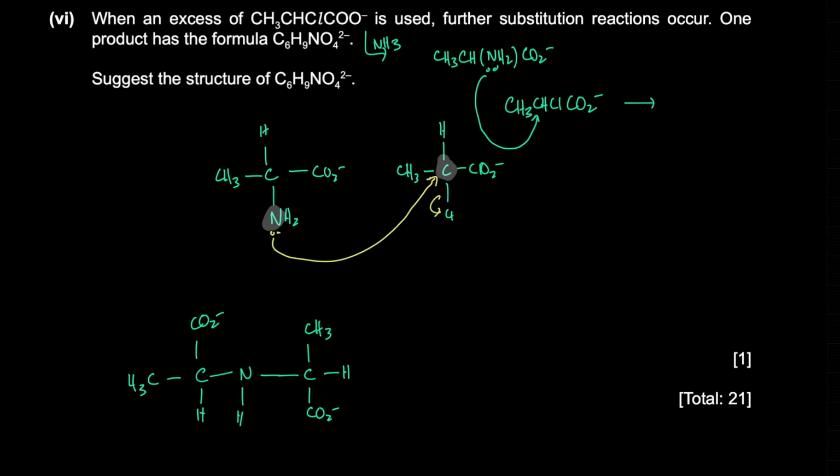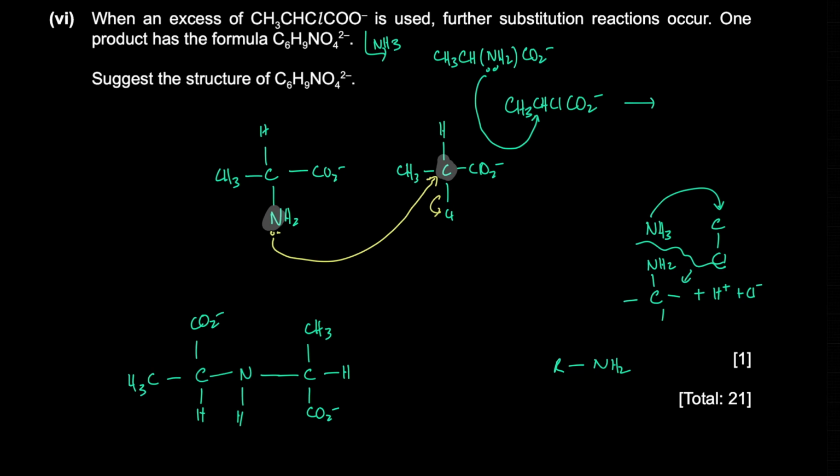The idea here is this: when you have an NH3 and a C-Cl bond, the nitrogen bonds to the carbon, and obviously the NH3 loses a proton and the Cl minus leaves. This was given to us in the question. Now instead of the ammonia that you're starting with, you have something like RNH2.